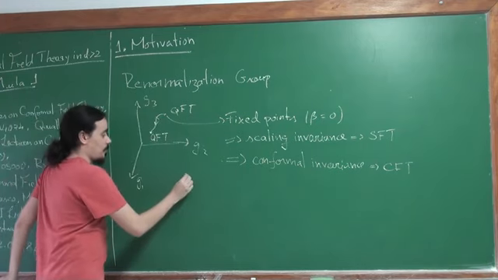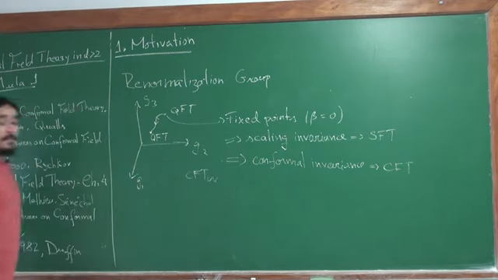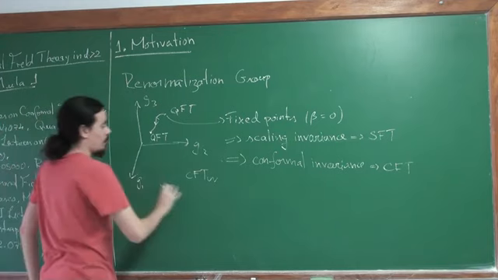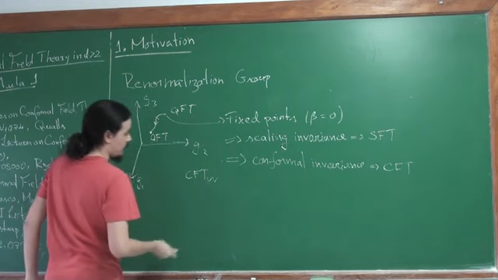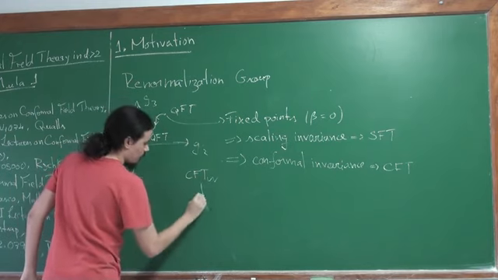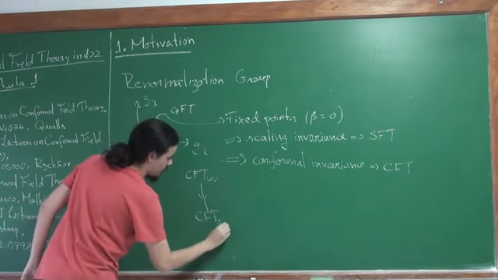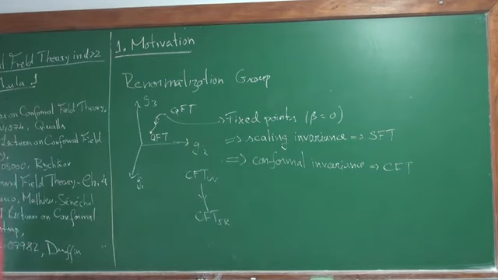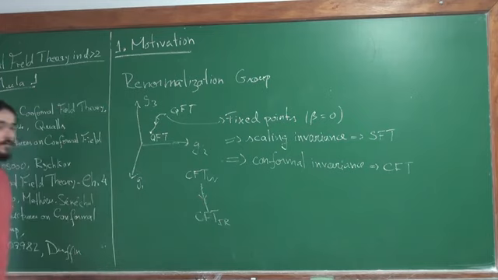Ideally, you have an ultraviolet CFT for really high energy scales, and this CFT flows to a CFT in the infrared. And then standard quantum field theory would be these points along this flow.